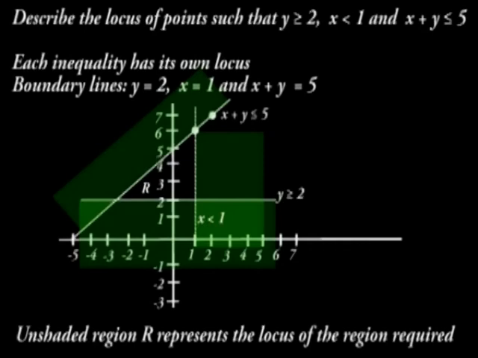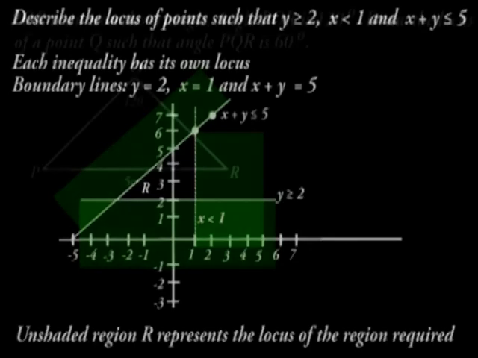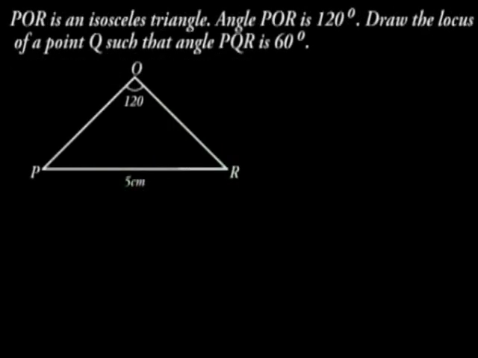Let's take further examples. POR is an isosceles triangle. Angle POR is 120 degrees. Draw the locus of a point Q such that angle PQR is 60 degrees.